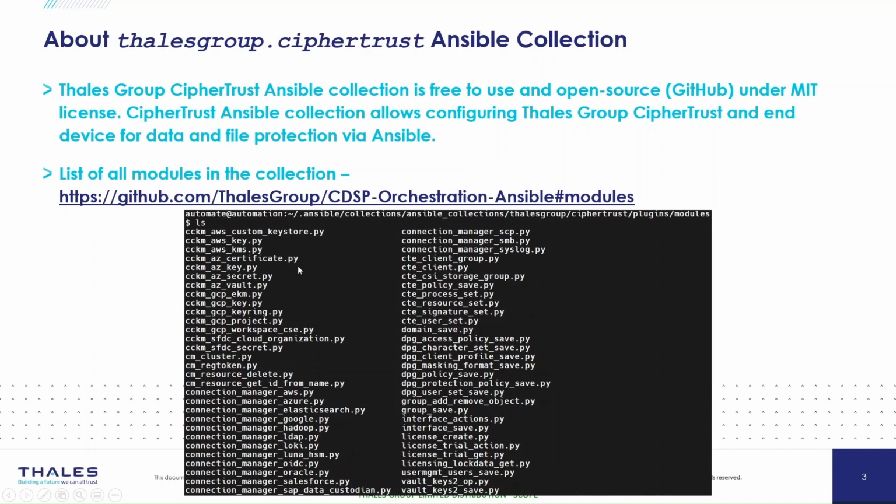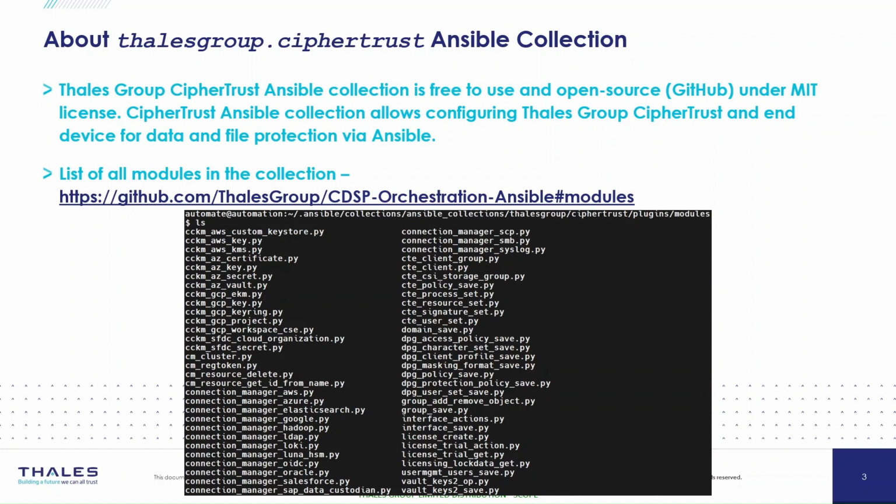So moving on to the next slide, Thales Group's CipherTrust Ansible collection is a free to use and open source code under MIT license. And as you can see, it offers a list of modules that can be used to interact with various CipherTrust Manager APIs to perform different actions like provisioning the users, user groups, keys, and also configuring connectors like data protection gateway, CipherTrust transparent encryption, and so on.